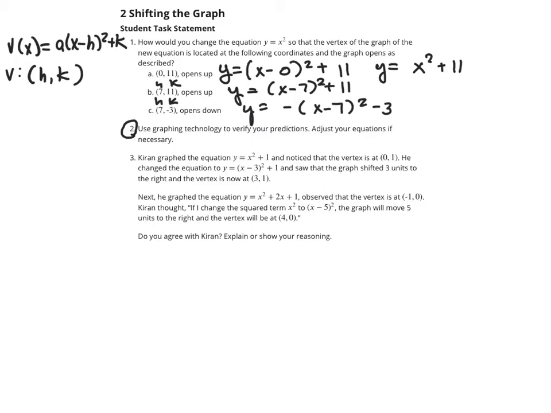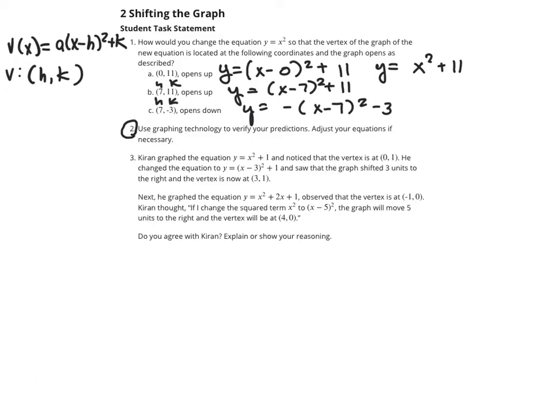Next, he graphed the equation y equals x squared plus 2x plus 1, observed that the vertex is at (-1, 0), and thought, if I change the squared term x squared to x minus 5 squared, the graph will move 5 units to the right and the vertex will be at (4, 0). Do you agree with Kieran? Explain or show your reasoning.